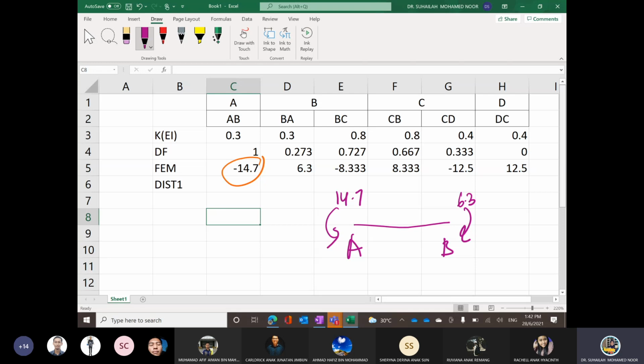So here is A. The value that we distribute is actually this value.